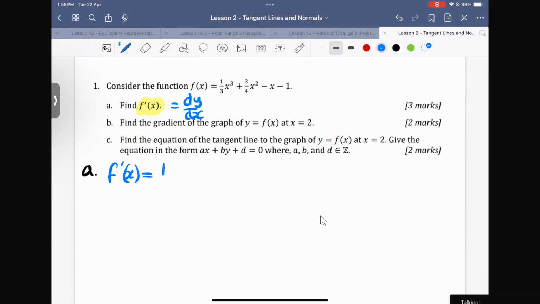So f prime of x is going to be 1/3 times 3x squared plus 3/4 times 2x minus 1. Simplifying that, we get x squared plus 3/2x minus 1.